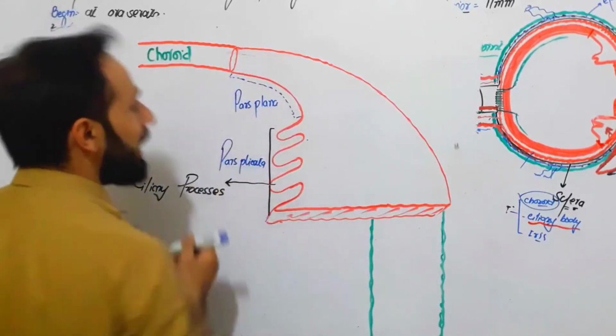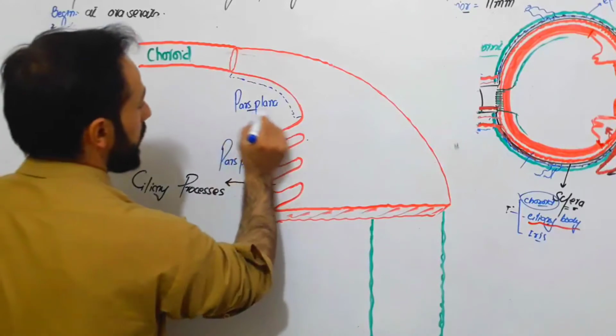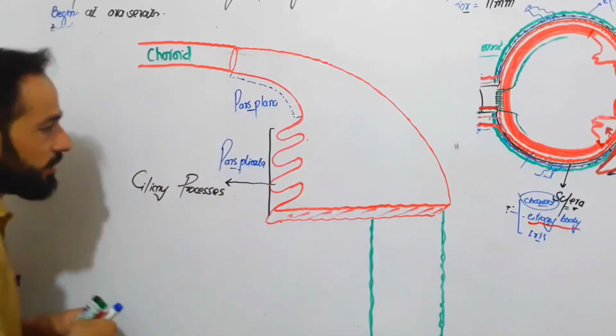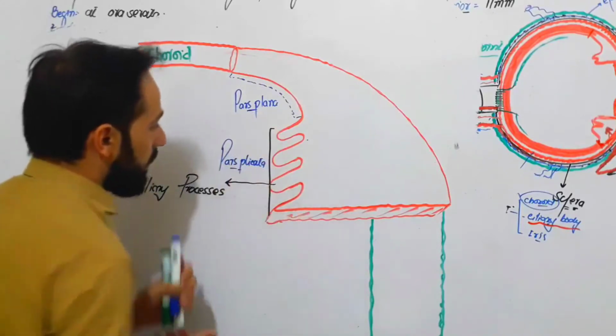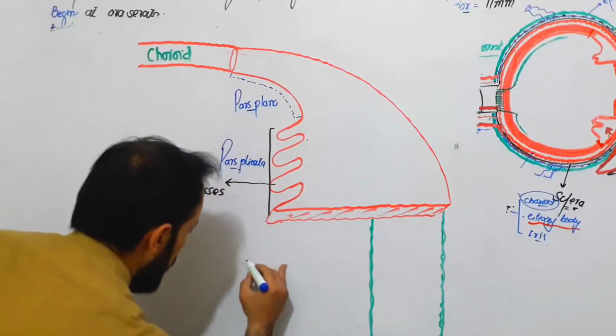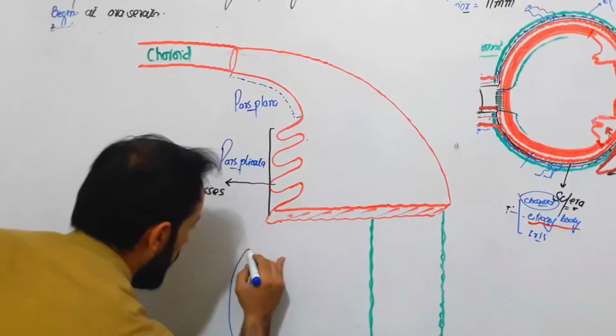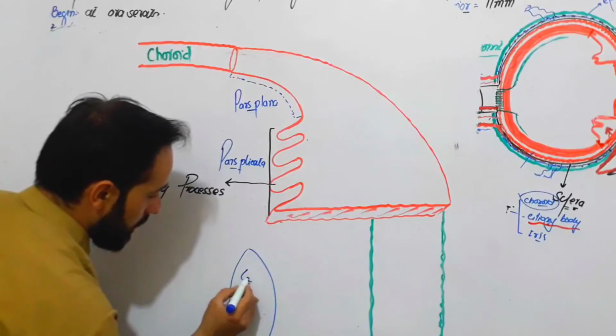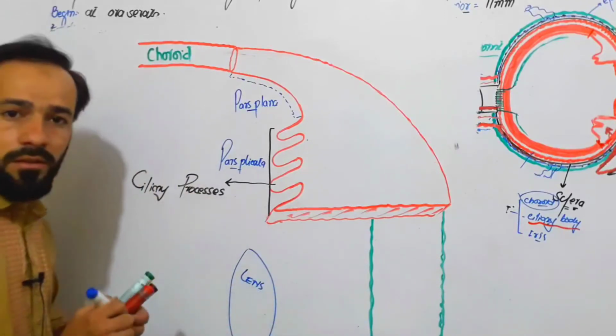As it is plane, we say this is called pars plana, and this structure has plications, that's why we say that this is called pars plicata. Done. Then look carefully, here will be the lens of the eye located, right? So this is the lens of the eye, right?